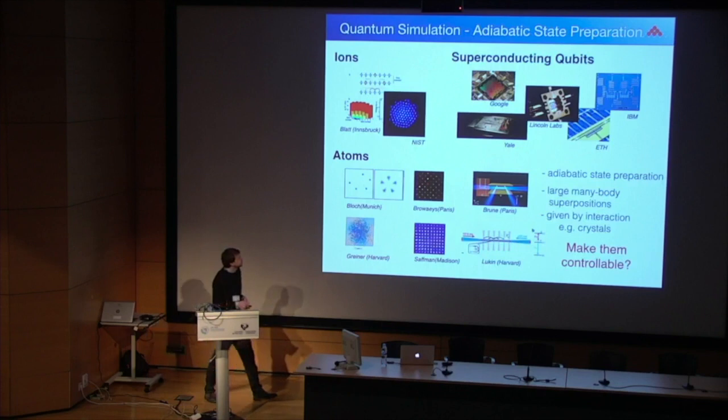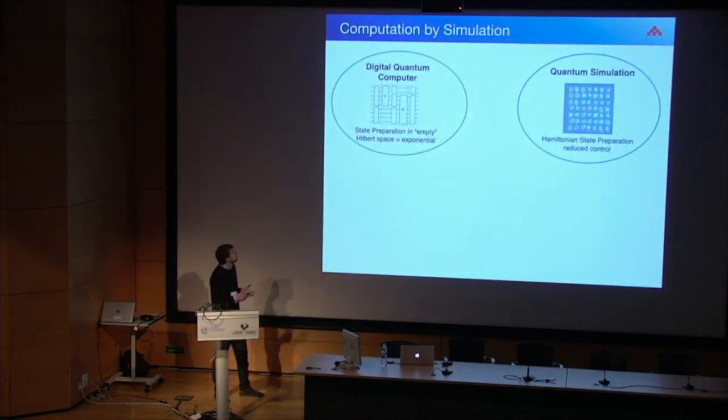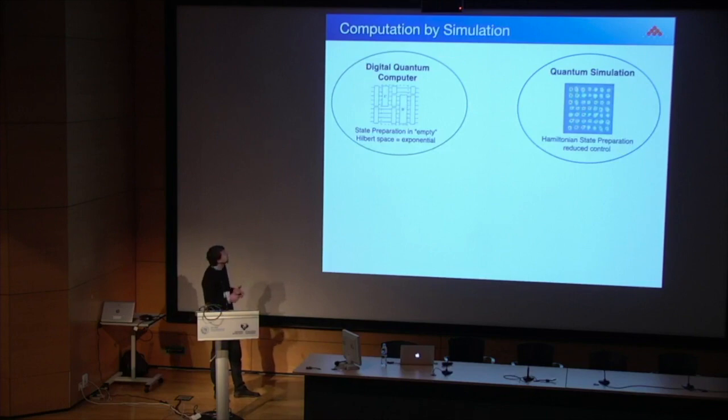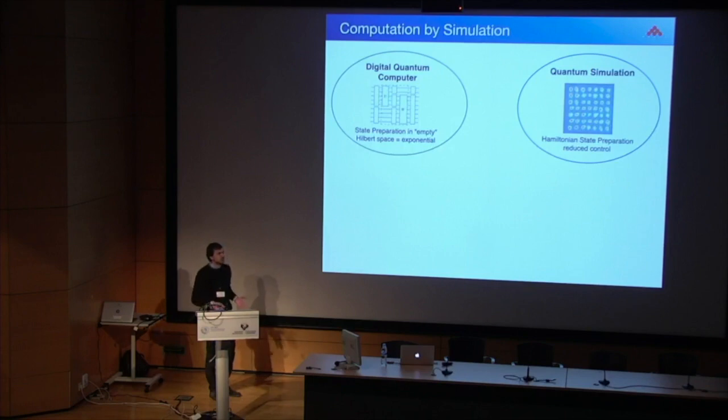And the way I see my research is, for this particular problem of making this quantum oracle or these quantum superpositions, if we come from the digital computer, it's somehow clear that we need an exponential number of qubits.